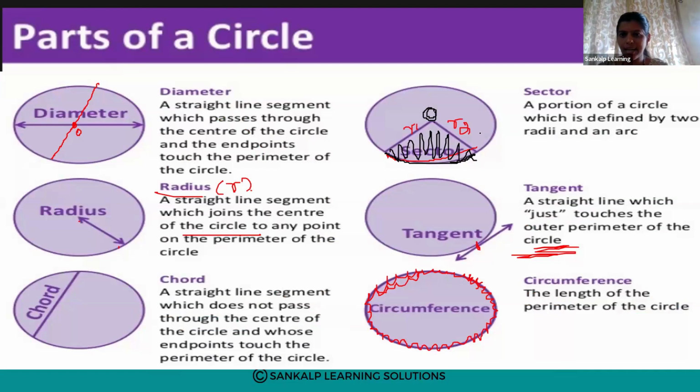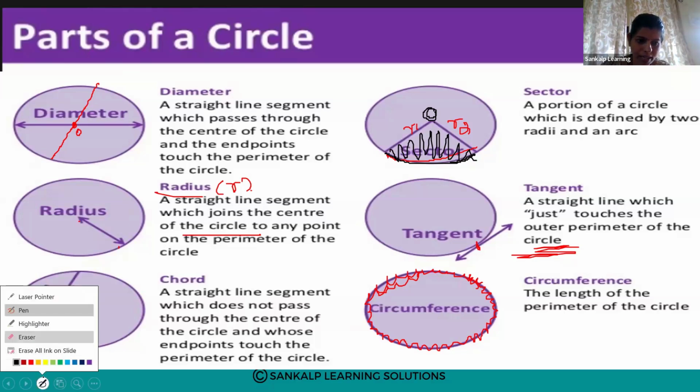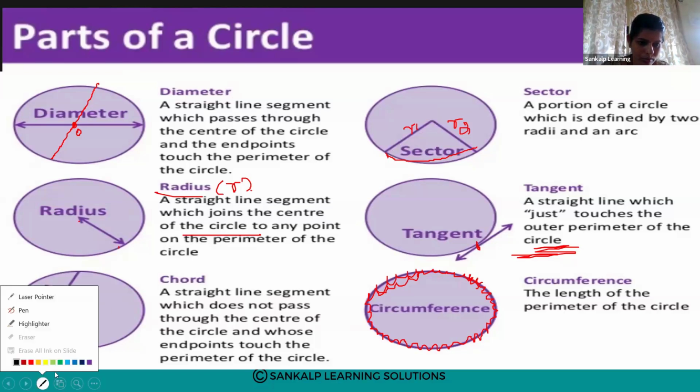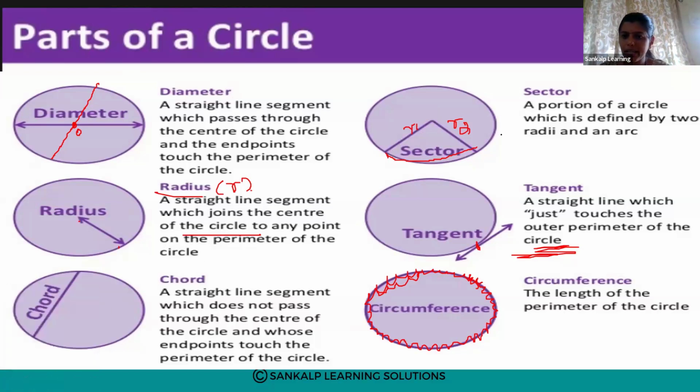Just as we see minor sector and major sector, like that we are going to see minor arc and major arc.